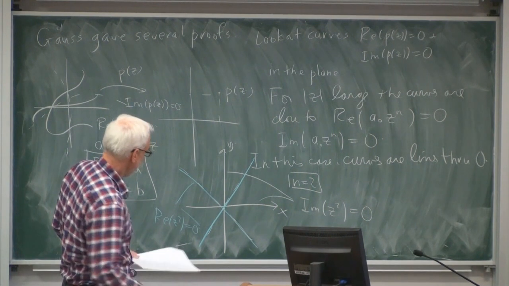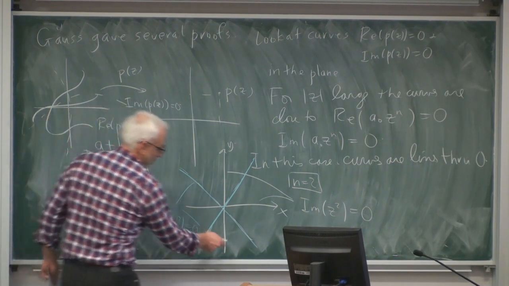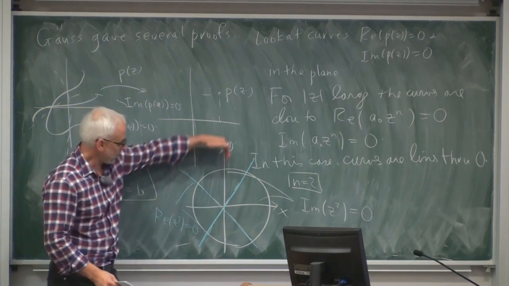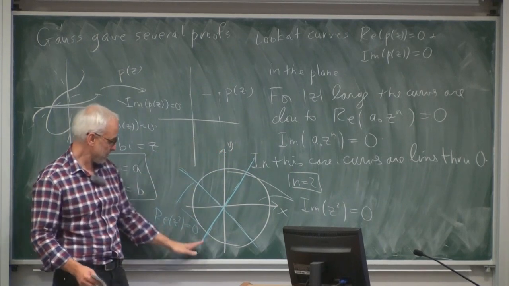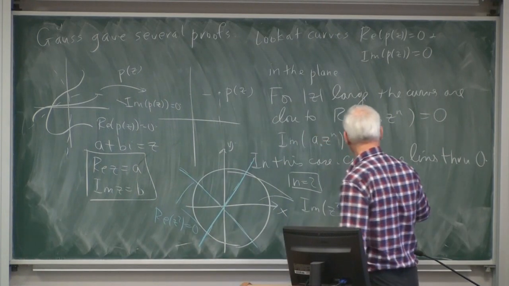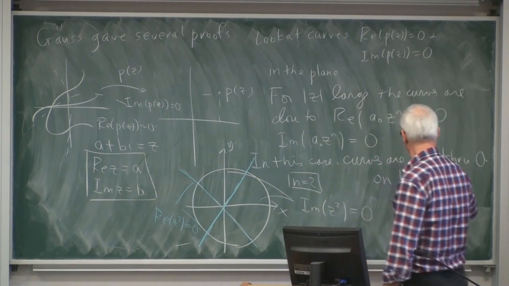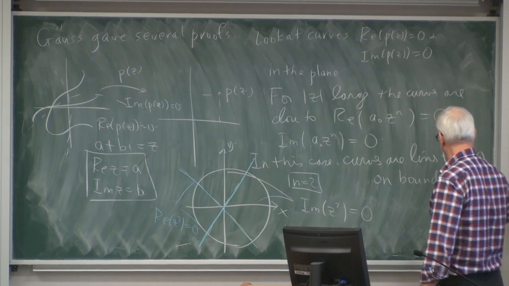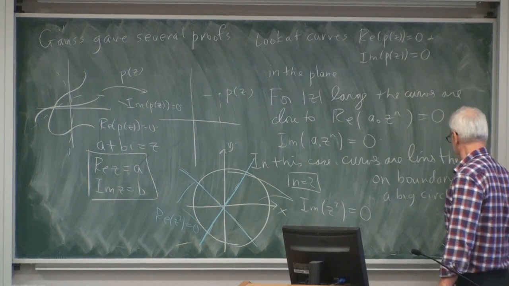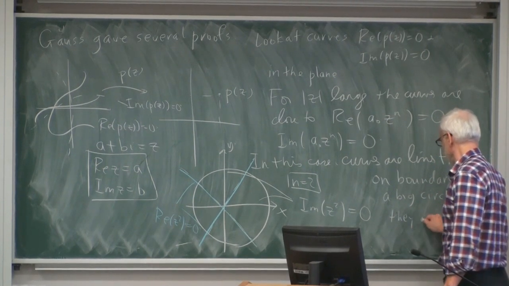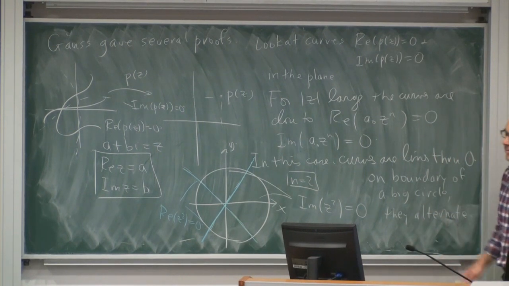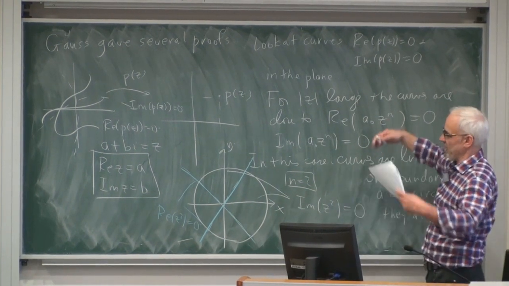And moreover, if you look at a big circle, or outside a big circle, you see that the blue and the white ones alternate. On the boundary of a big circle, they alternate. So that's what happens when we look at it very far away.